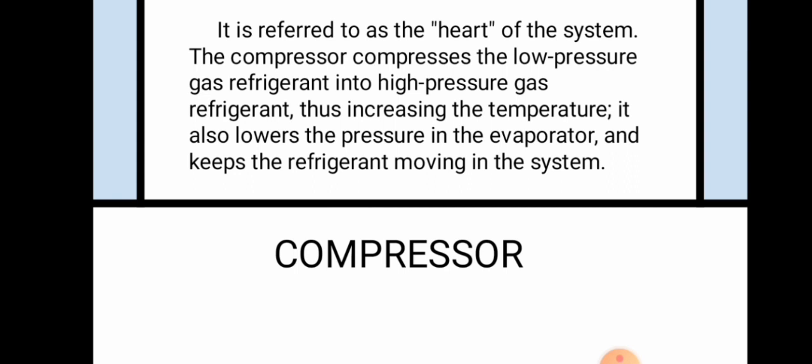So, before the pressure enters the evaporator, this compressor is the one that lowers its pressure first. Also, it controls all the pressure that will enter into the system. That's why it is called the heart of the system.